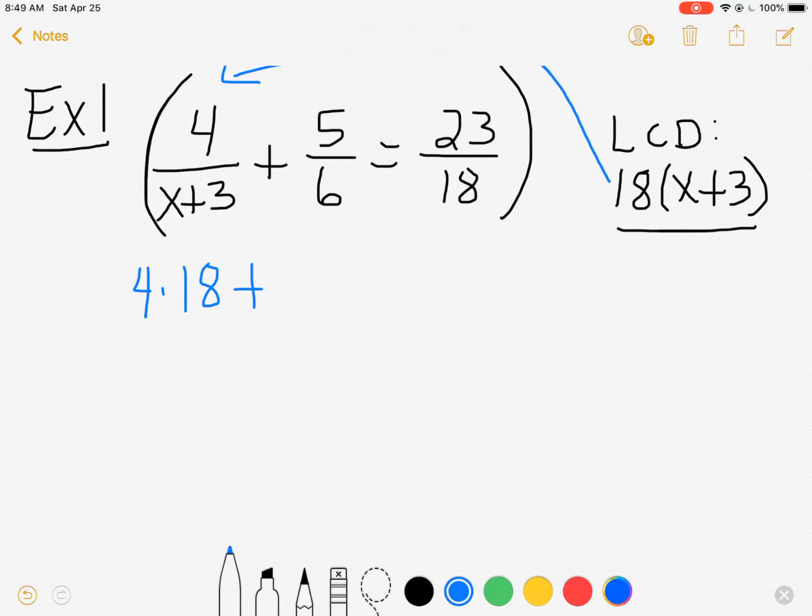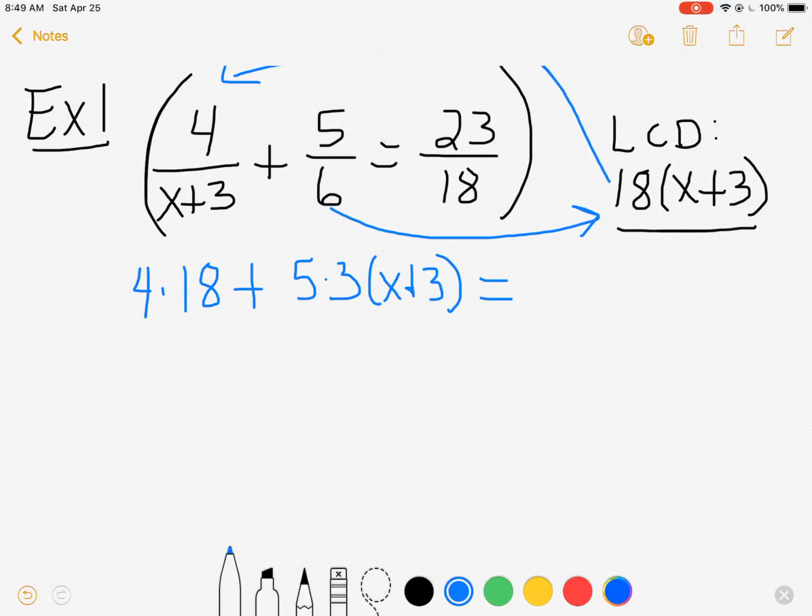When I multiply the second fraction by the LCD, 6 goes into 18 3 times, and so that'd be 5 times 3 times x plus 3. And when I multiply the fraction on the right side of the equal sign by the LCD, the 18's cancel and I get 23 times x plus 3.